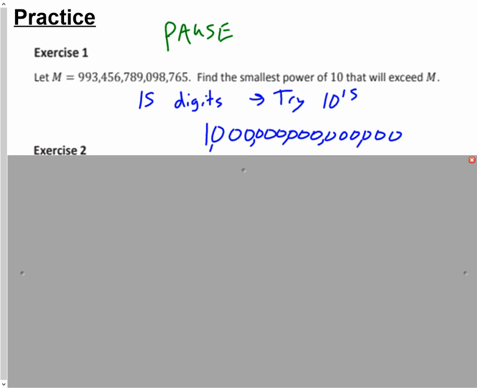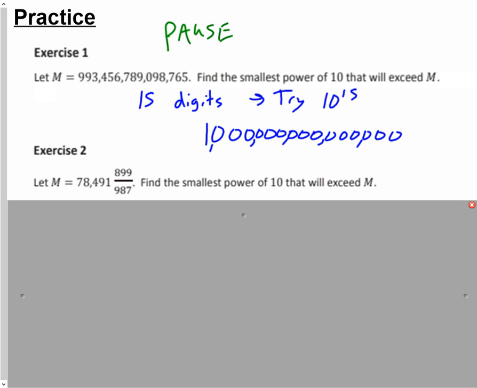So why not try 10 to the 15th power? And if you do that, we have millions, trillions, quadrillions, I think it's a quintillion, 1 quintillion, whereas we had 993 quadrillion. And the next highest one that's a power of 10 would just be adding a 1 to it and all zeros. That would be 10 to the 15th power.